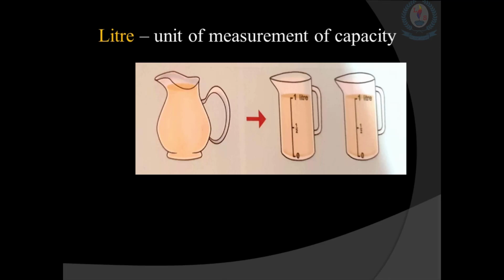We are going to fill the big jug from the measuring jugs. Capacity of the jug is 2 liters, as we can fill it with 2 1-liter measuring jugs.